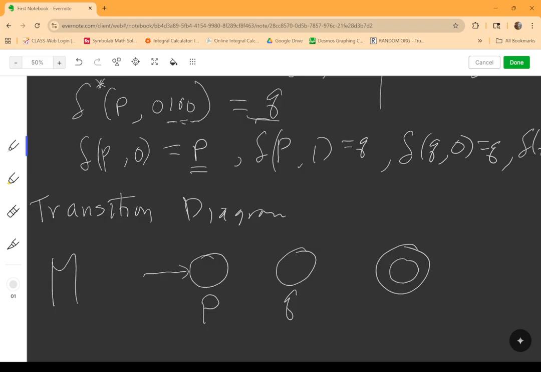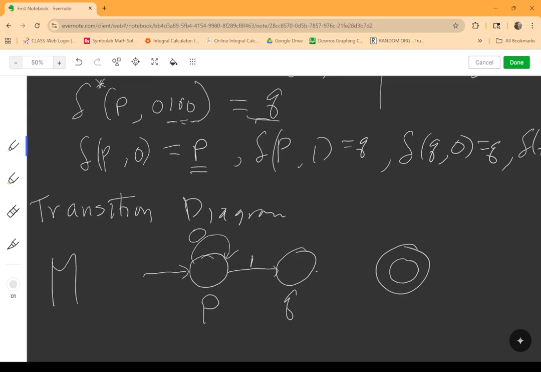So what we see here is that if I start at P, it can either go on to Q, depending on what the input is, or it can stay in itself. It either goes here, or it loops back around here. It goes on to Q if the input is 1, but it stays put if the input is 0.